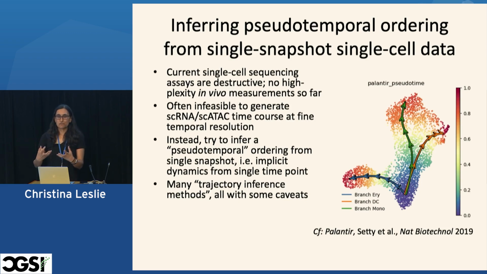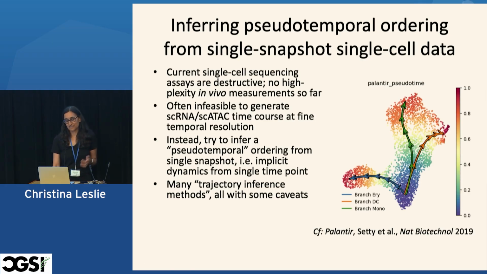And certainly in vivo measurements with high plexity are very, very hard. So what we can do is take cells out of a mouse or out of a patient, and we can pretend that we're seeing a developmental process in a single time snapshot, that some cells are earlier and some cells are later, okay?